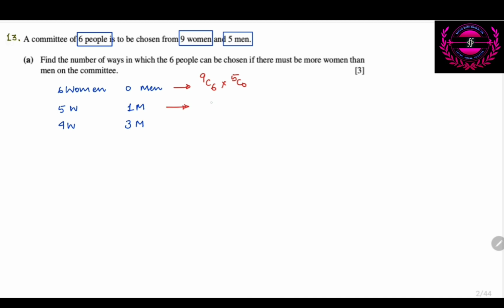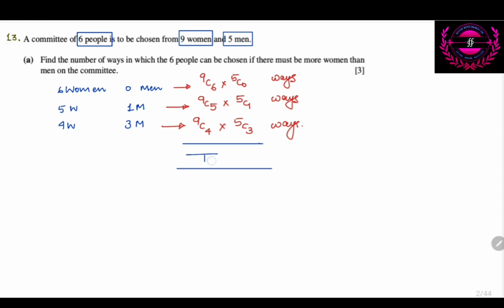For the second case, I have 9C5 multiplied by 5C1, and I can choose 4 women in 9C4 ways and 3 men in 5C3 ways. So if I ask you the total number of ways, then it is the sum of all the above. This is the total, and you have to do it by yourself.